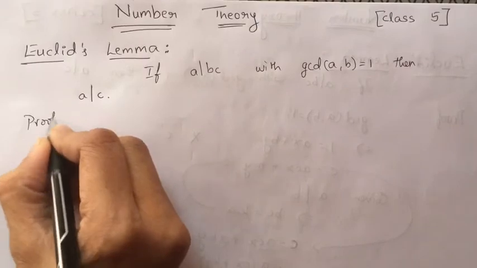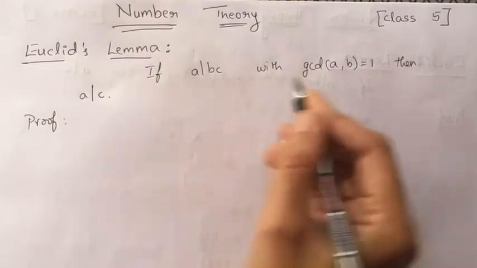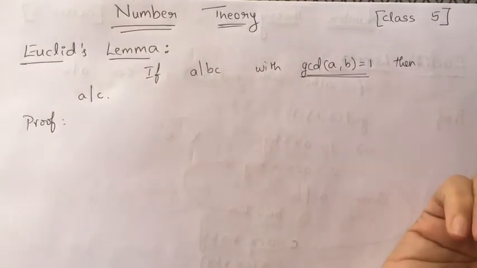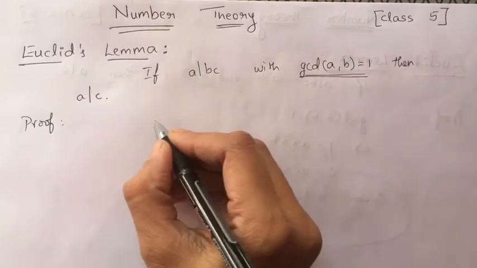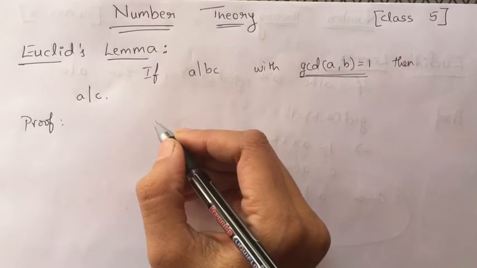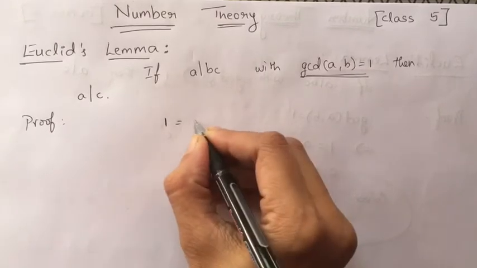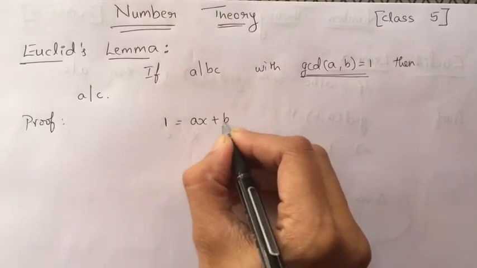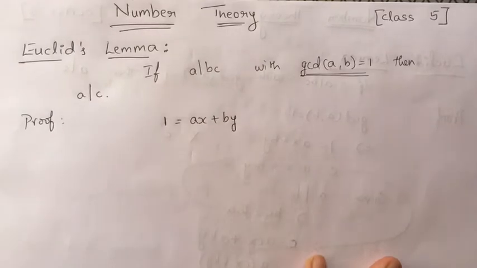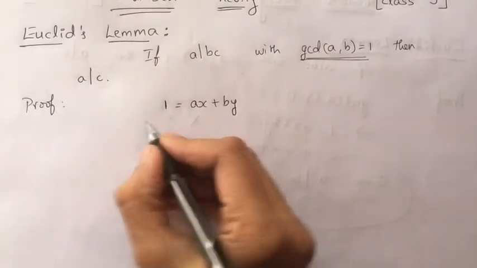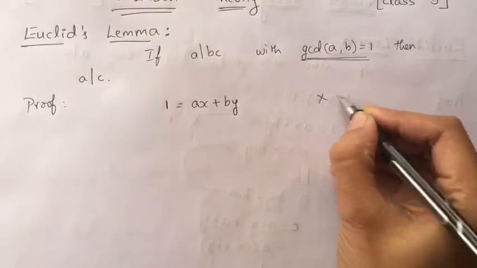Let us prove this. It's given that A and B are relatively prime, so for some integers x and y, I can write 1 equal to ax plus by. Now I'll multiply this whole equation by c.